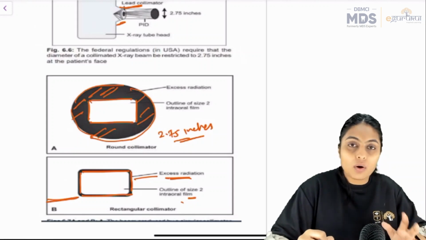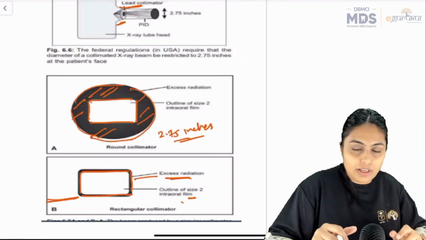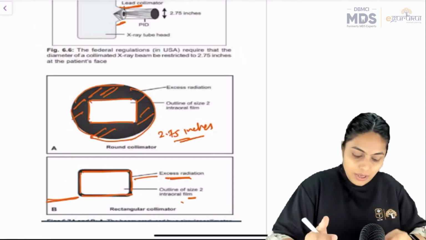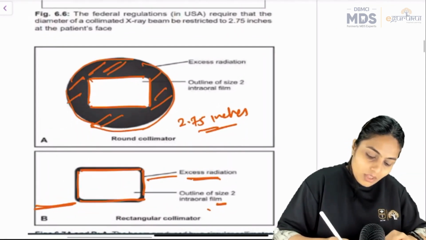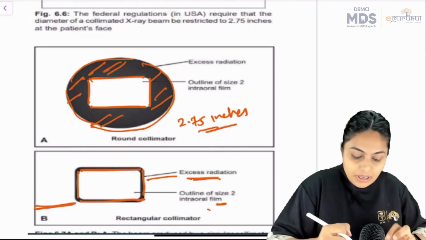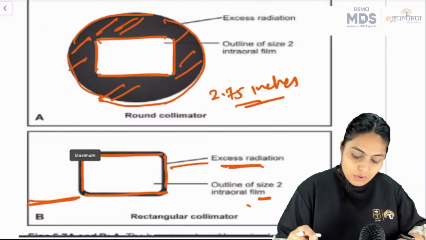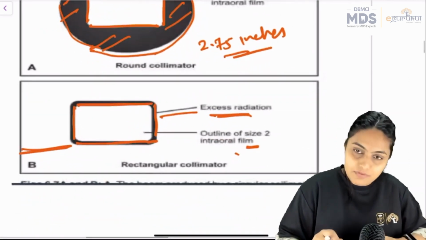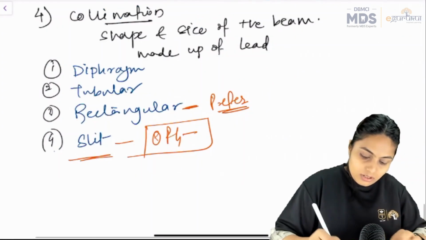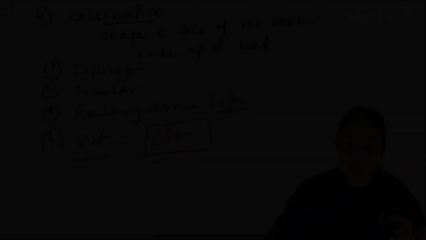We will study the principles of radiation protection, why we do not expose the patient to excess radiation. So this is the excess radiation that is coming to the patient when we use round collimation. Therefore rectangular collimation is preferred over round collimation. So this completes our X-rays and accessories.